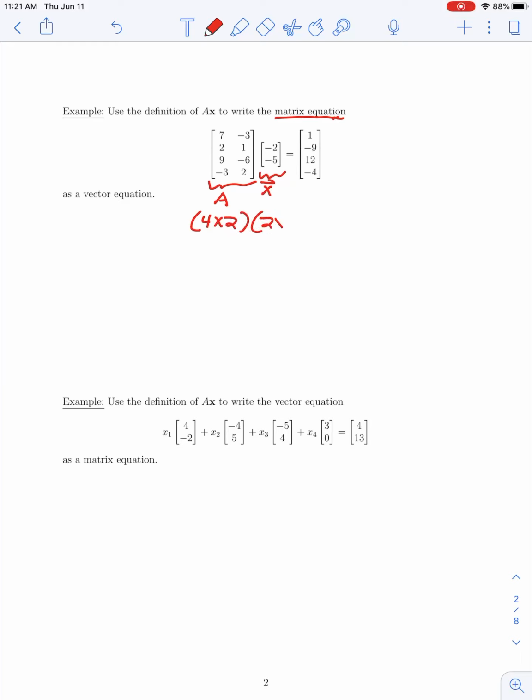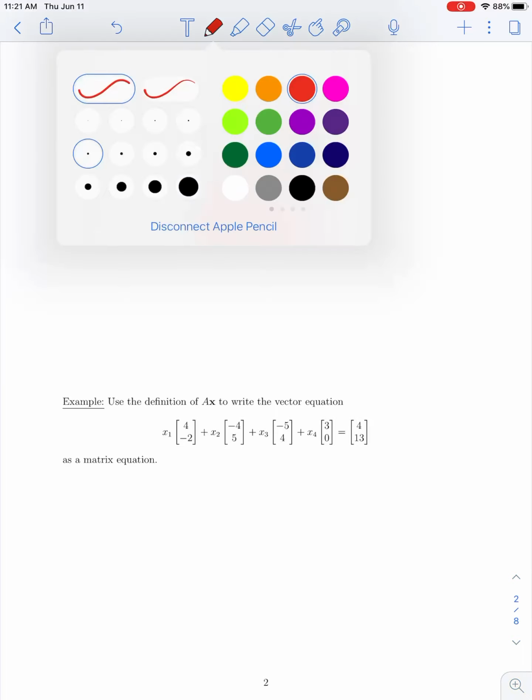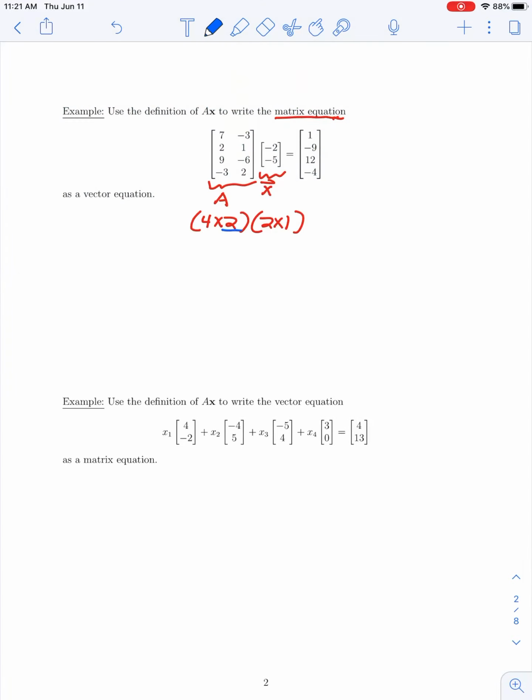For x, we have a 2 by 1. So since these inner dimensions are the same, we can define our product, and the size of our product will be determined by these outer dimensions. So as the size of this product, we will get a 4 by 1 column vector, which is shown here.